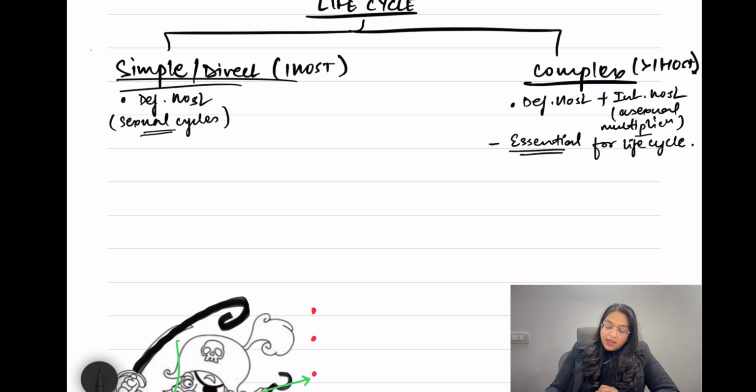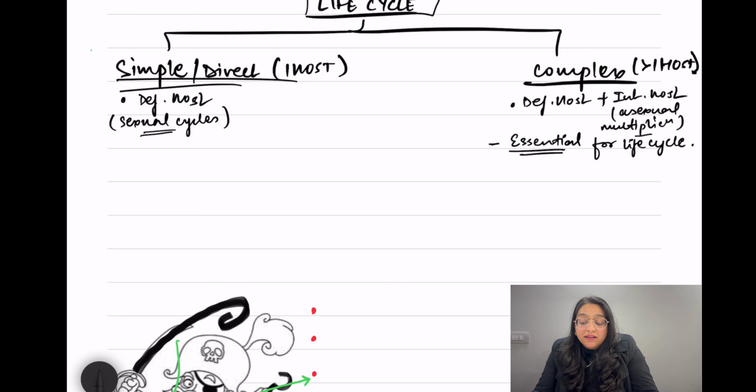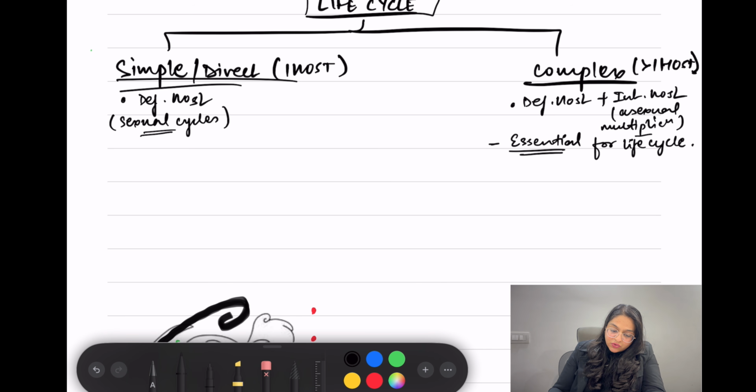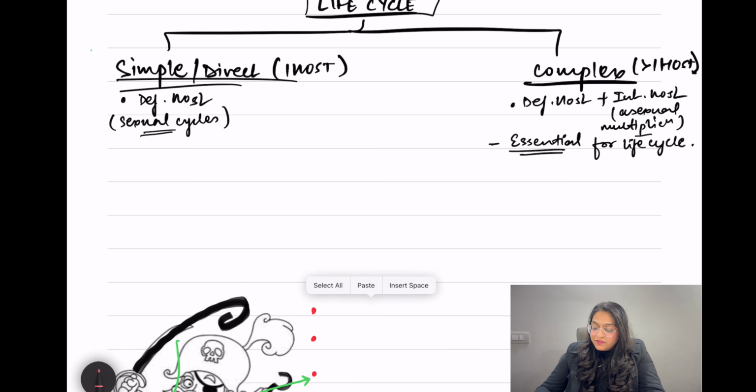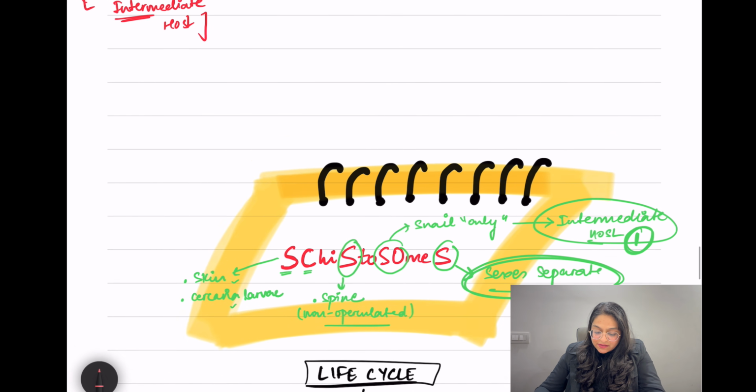Okay. Now, these life cycles, let's look at other mnemonics. Which are the organisms which have a simple or a direct life cycle? Which are the organisms which have a complex life cycle? And if they have a complex life cycle, how many hosts? We have already read it. So, very easy. We just saw the complex life cycles.